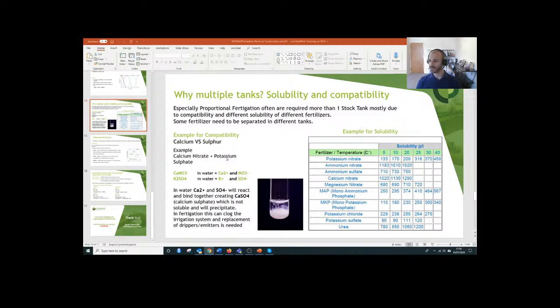But if you keep them in a certain range of concentration, you can apply them all together. This is something the software is doing. It tries to keep all the ranges in the optimal range in order to deliver the best feed for the plant.